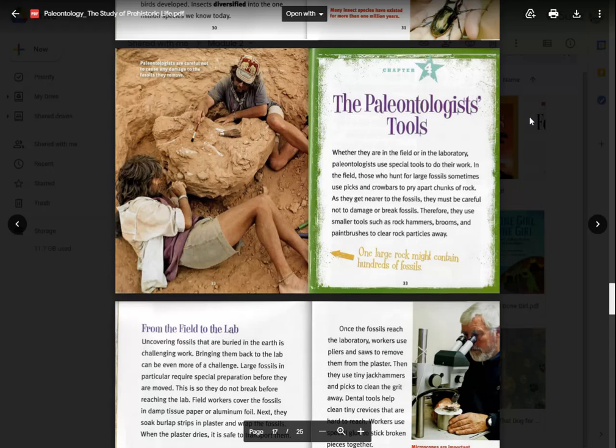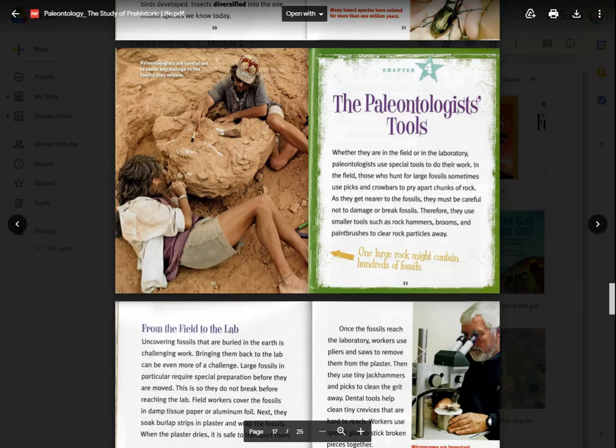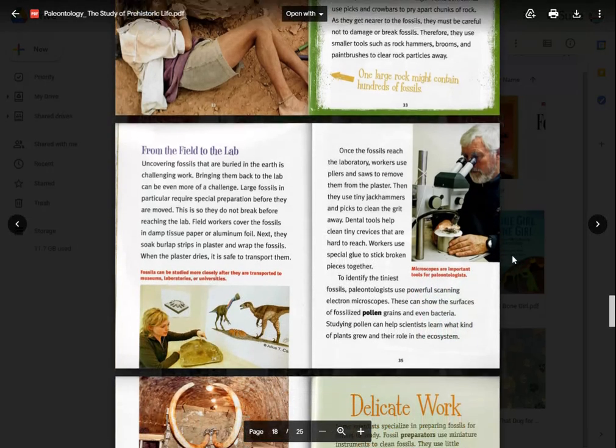As they get nearer to the fossils, they must be careful not to damage or break fossils. Therefore, they use smaller tools such as rock hammers, brooms, and paintbrushes to clear rock particles away. And this says one large rock might contain hundreds of fossils. So they have to be very careful.